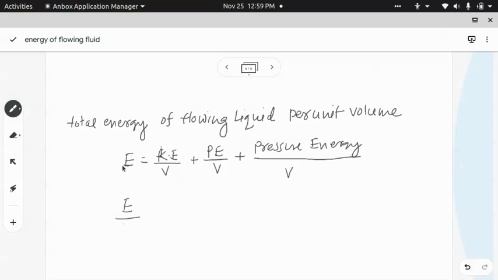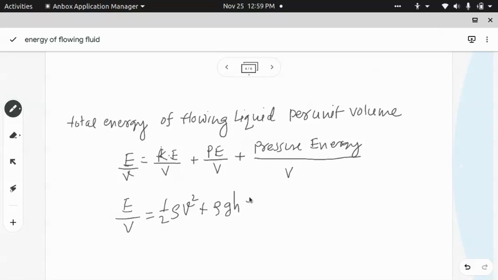Total energy per unit volume will be equal to the kinetic energy per unit volume, and what was the expression for that? 1/2 rho v square, plus potential energy per unit volume rho g h.